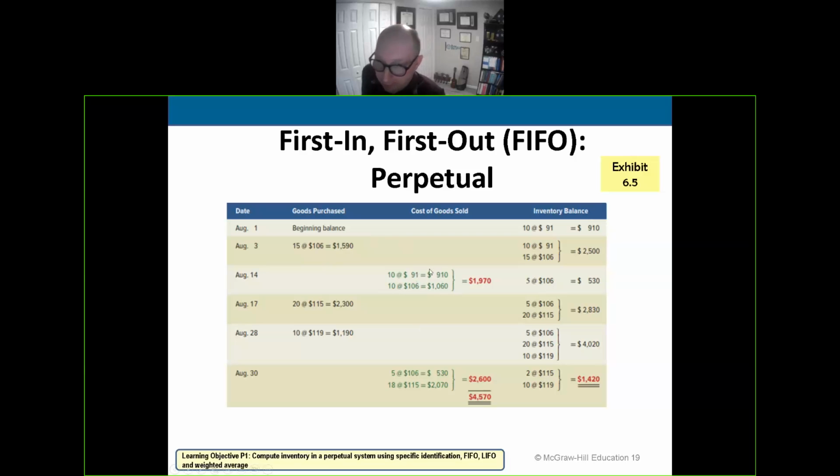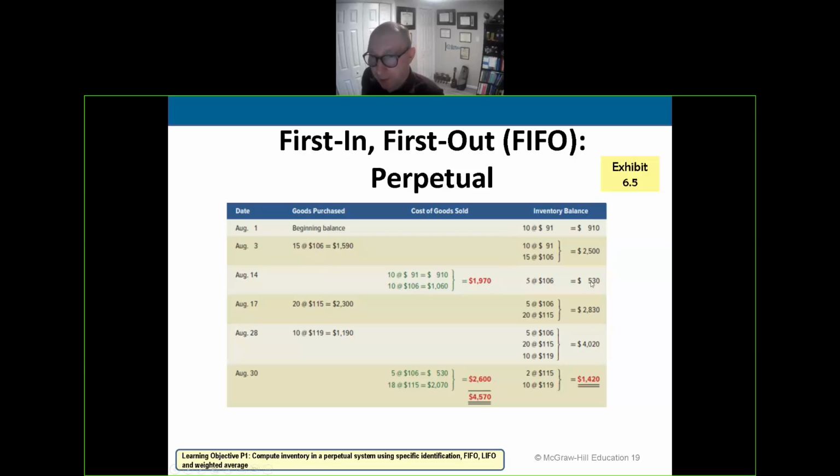So 10 at $91 and 10 at $106, because I only sold 20 bikes on August 14th. I add those cost of goods together to get total cost of goods sold of $1,970 for August 14th.